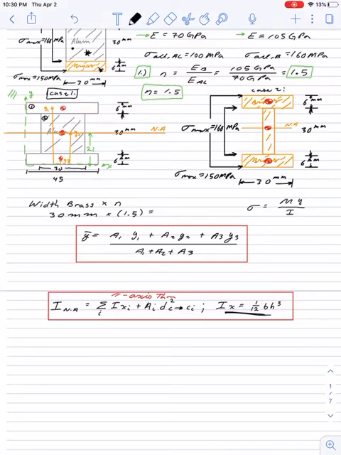And so that ends up being 45 millimeters or 0.045 meters. And that's where we get the dimensions right here.